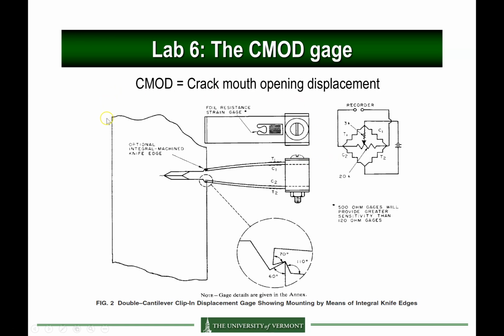This is a schematic from the E399 standard. The gauge looks a little bit like your extensometer. In fact, instead of working in tension, it's working in compression. So these two cantilever beams act as springs that are in direct contact with this notch here.